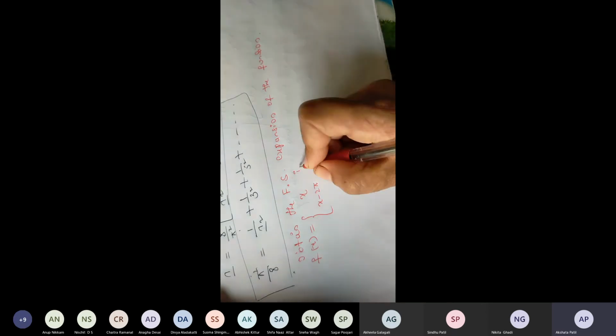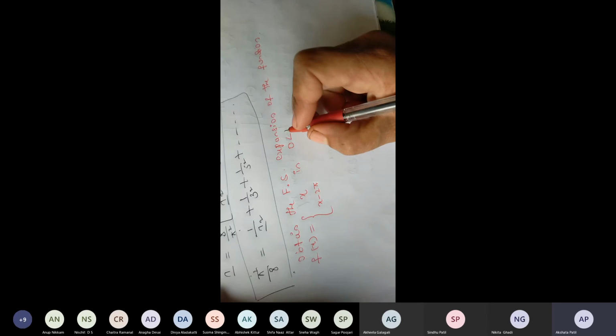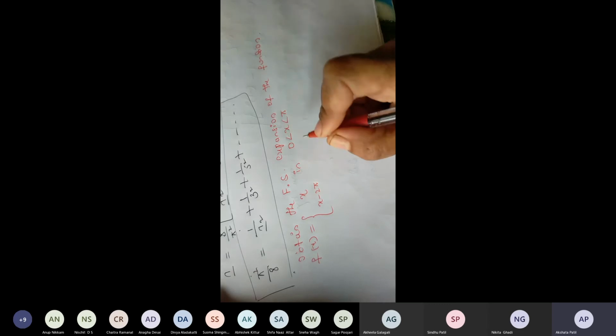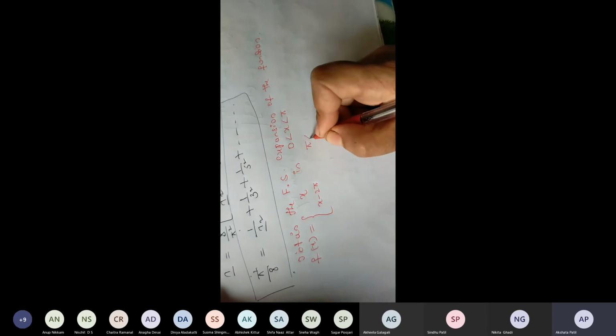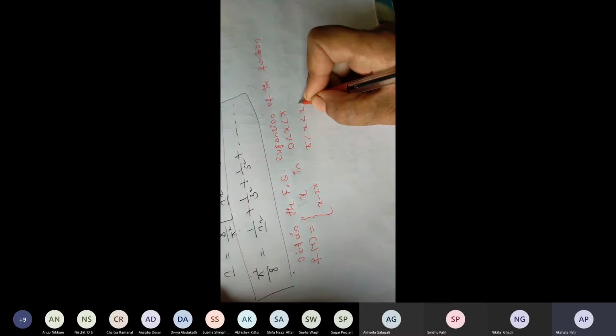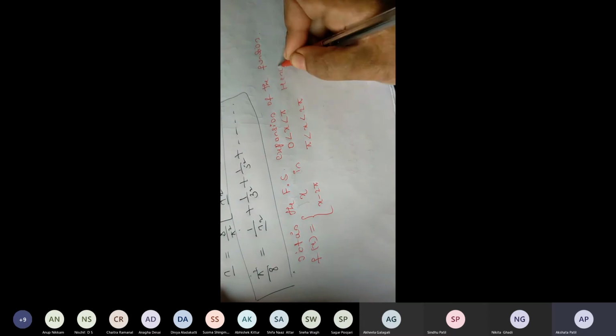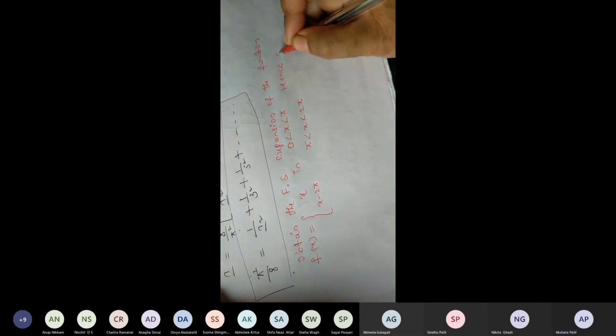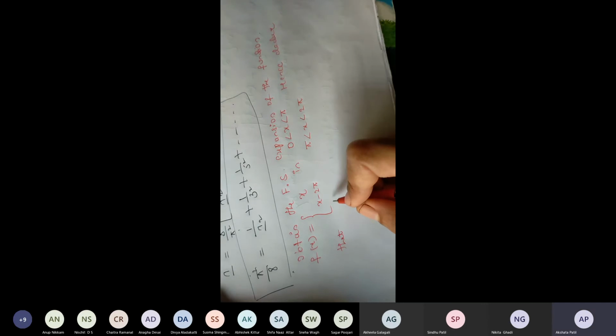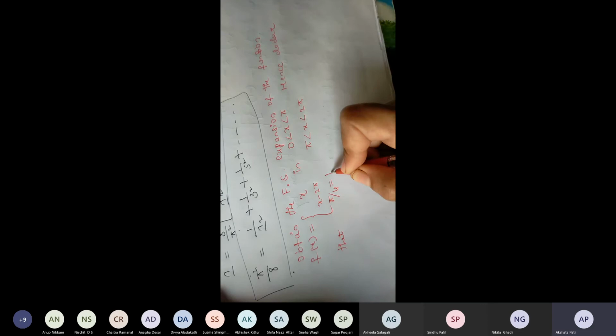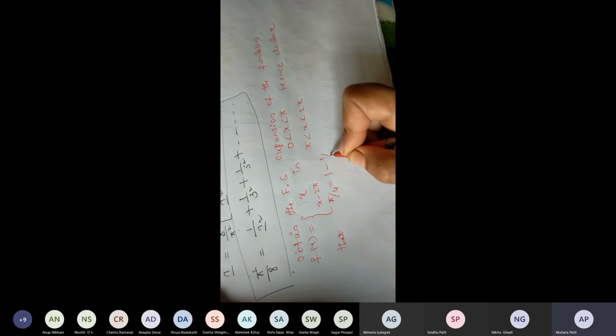Here the interval they have given is x lies between 0 to pi, and one more they have given 2. Deduce that pi by 4 equals 1 minus 1 by 3 plus 1 by 5, and so on.